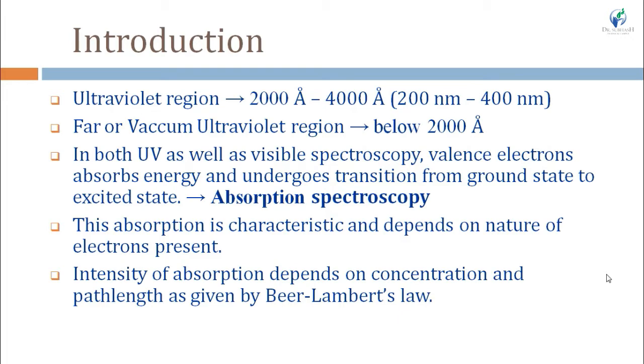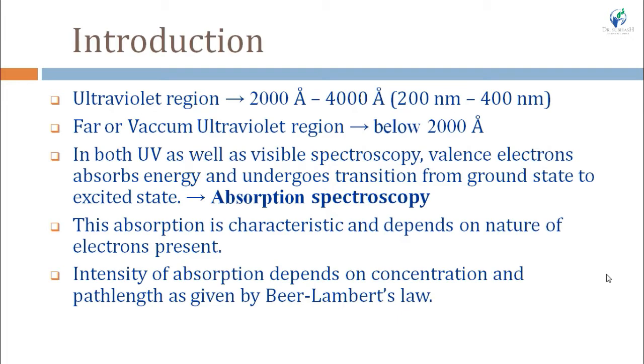And in both UV as well as visible spectroscopy, valence electrons absorb energy and undergo transition from the ground state to the excited state. Already we have seen in visible spectroscopy that after absorption of electromagnetic radiation, the electron goes to the excited state from the ground state.